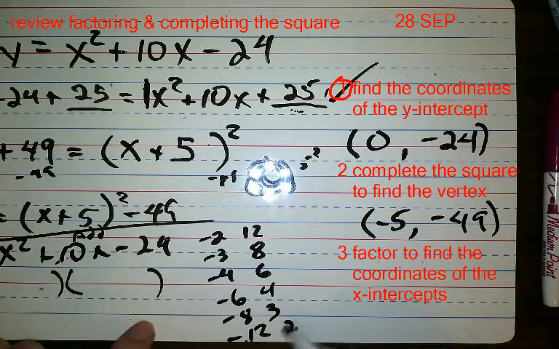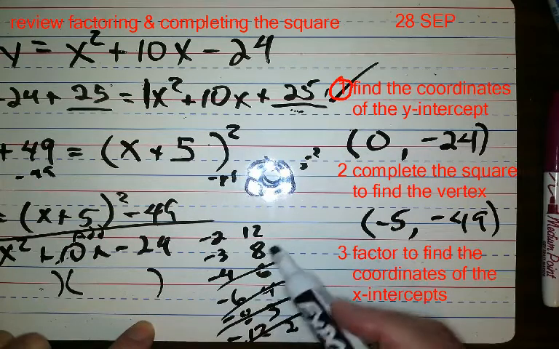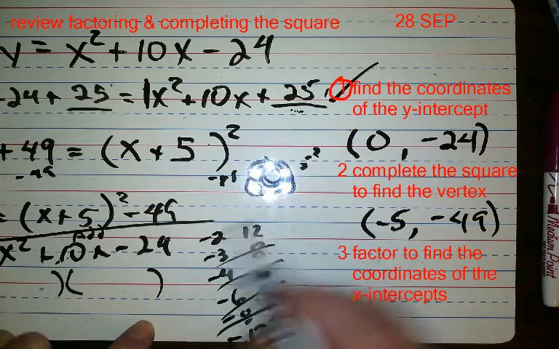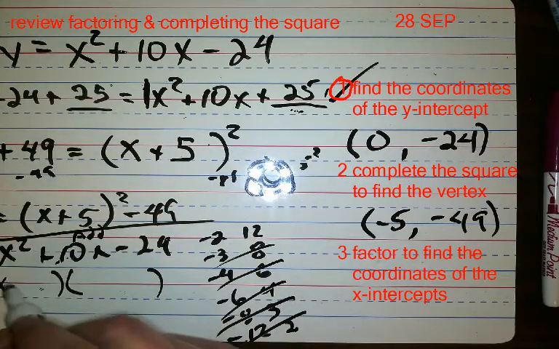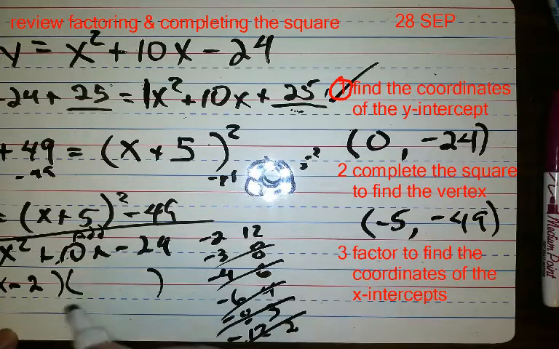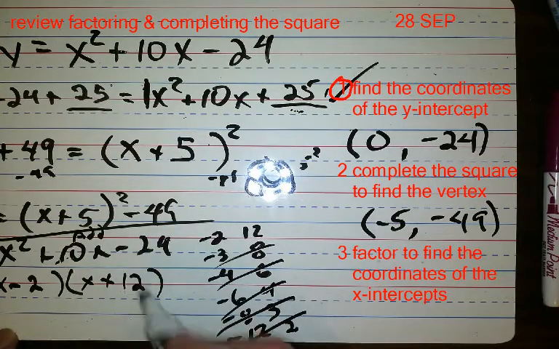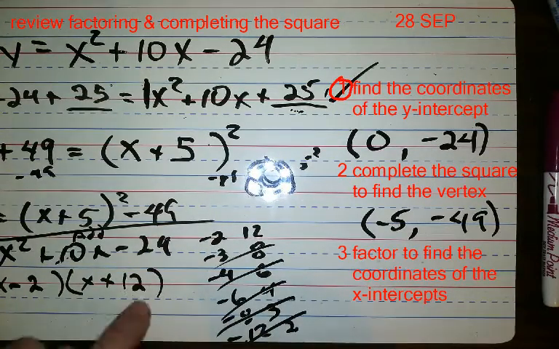I want positive 10. Can't be that. When I add these two, I get negative 5. Can't be that. If I add these two, I get negative 2 plus 12, which is 10. Yay! (x minus 2)(x plus 12). These are the two that when you add them together, they make 10.